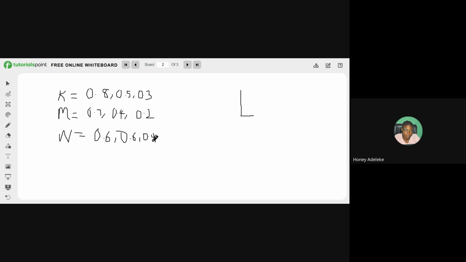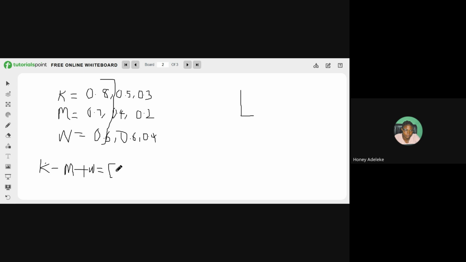Then you use the model developed by Google. What you're going to have, your next word is supposed to come as a result of K minus M plus W. So we pick it one after the other.